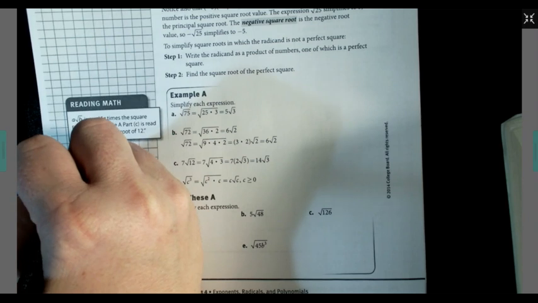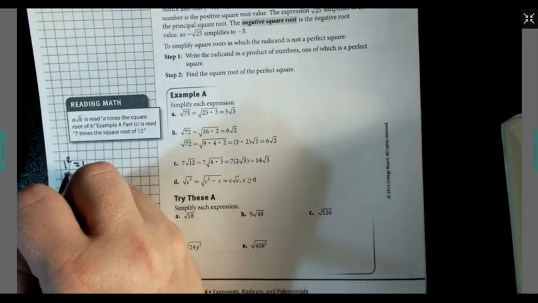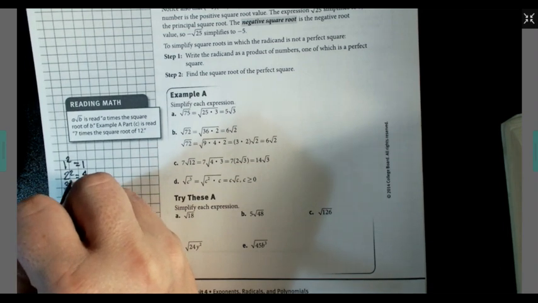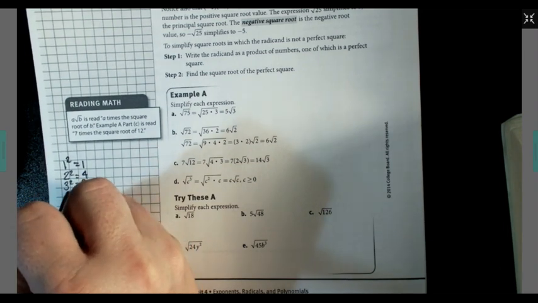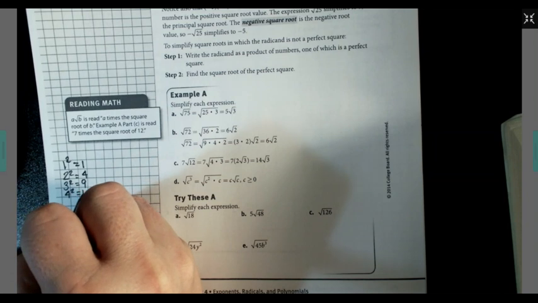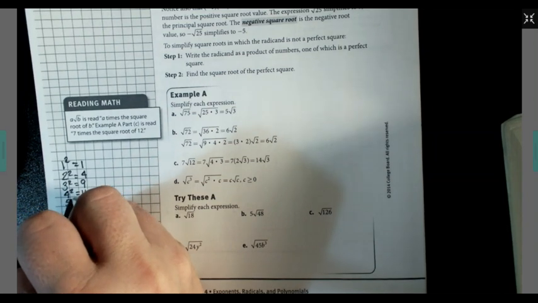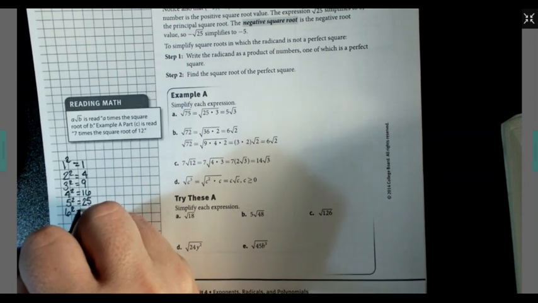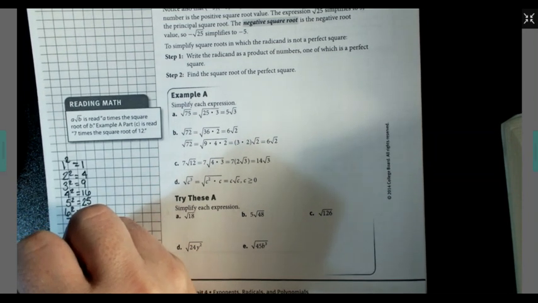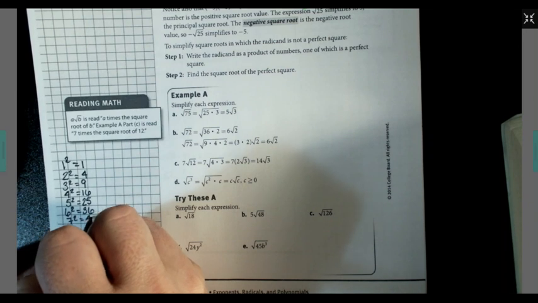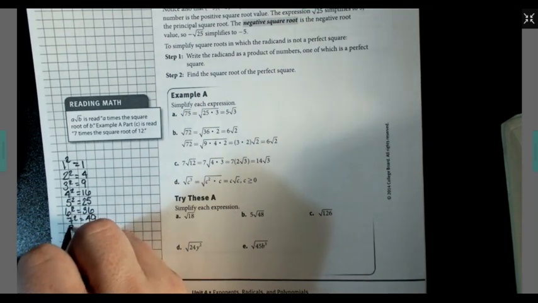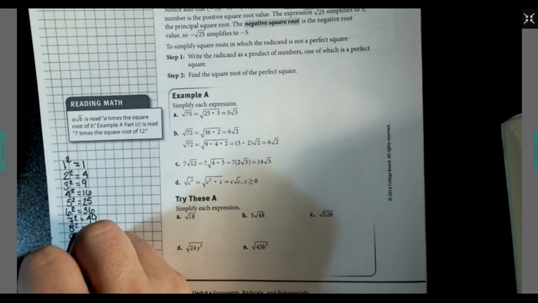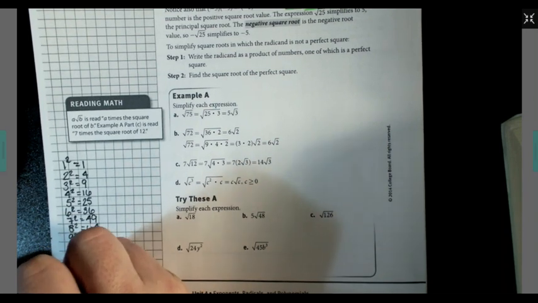1 squared is 1. 2 squared is 4. 3 squared is 9. 4 squared is 16. 5 squared is 25. 6 squared is 36. 7 squared is 49. 8 squared is 64. 9 squared is 81.